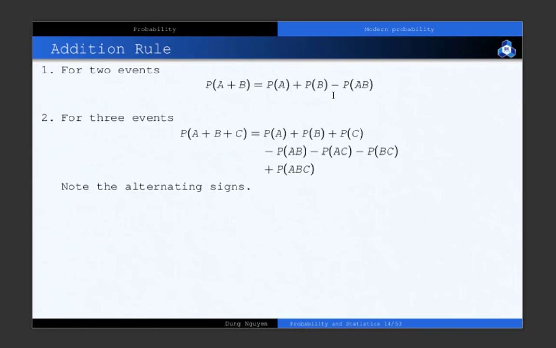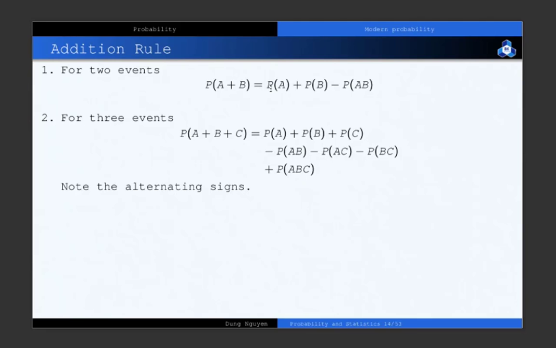For 3 events, you get the probability of A plus B plus C equals the probability of A plus the probability of B plus the probability of C. And then minus the probability of AB minus the probability of AC minus the probability of BC, and then plus the probability of ABC. Please note the alternating signs. So you have plus, and then minus, and then plus.